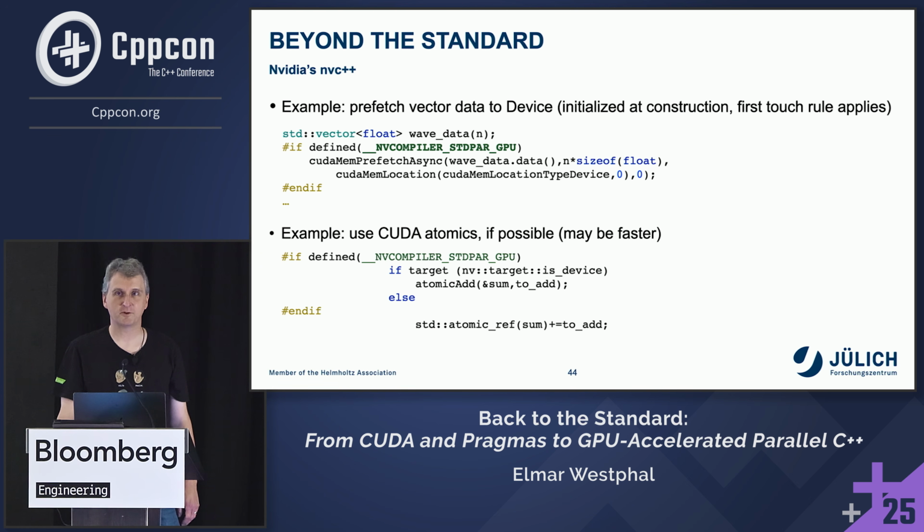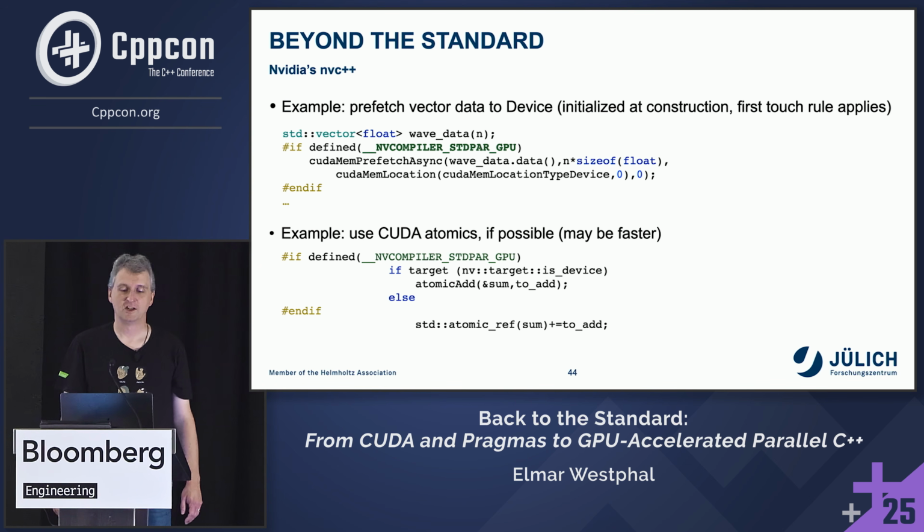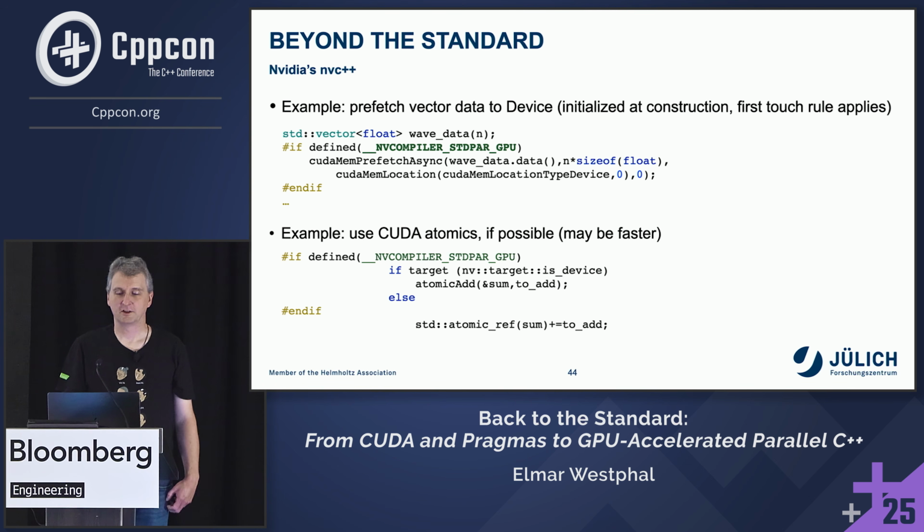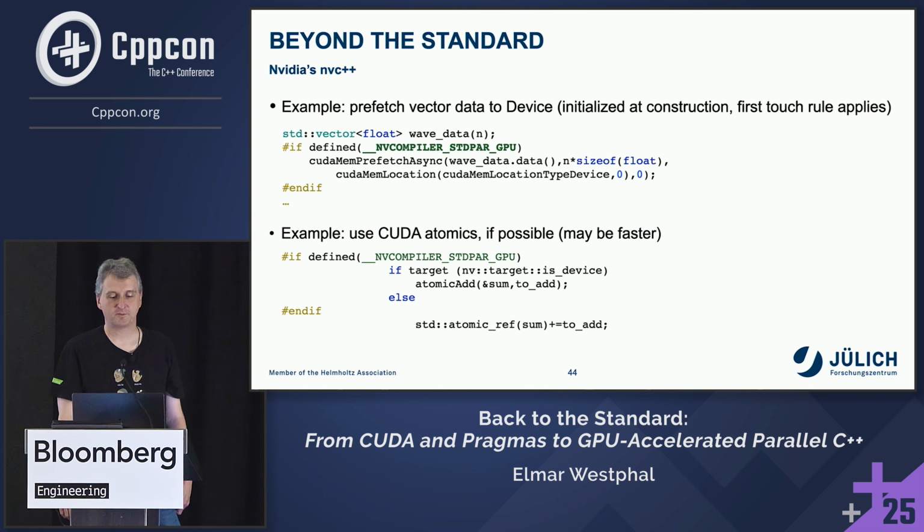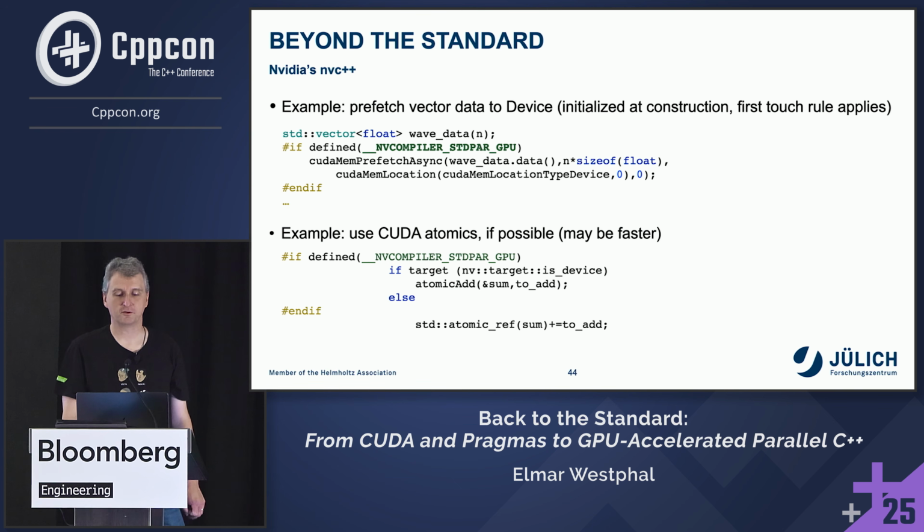If you do it at the right time and it overlaps with other computations, it will not cost you anything extra, and you'll see a tremendous speed up at the first call or at subsequent calls. And as I said before, sometimes using the original CUDA atomics can be faster than library-provided atomic refs. Also, here we see the if target directive that checks if we are actually on a CUDA device.